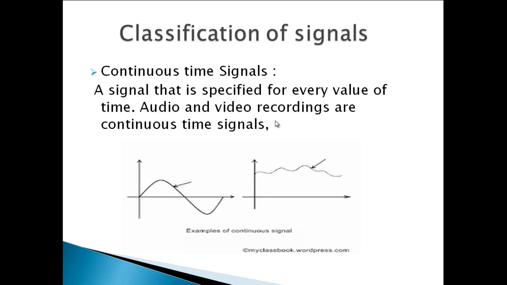Whereas in discrete time signals, you also consider time only. That time should be discrete. You don't think of the amplitude axis, that is the y-axis. You only consider the time axis. Time axis should be continuous, with no break in the time axis. Fine.